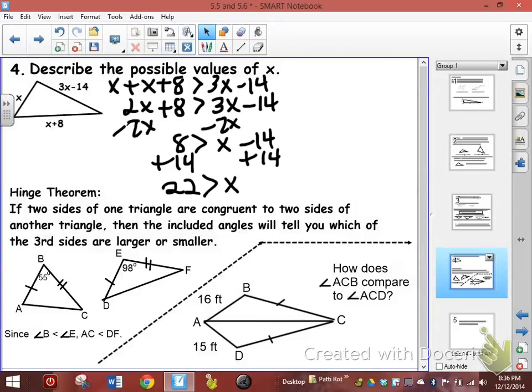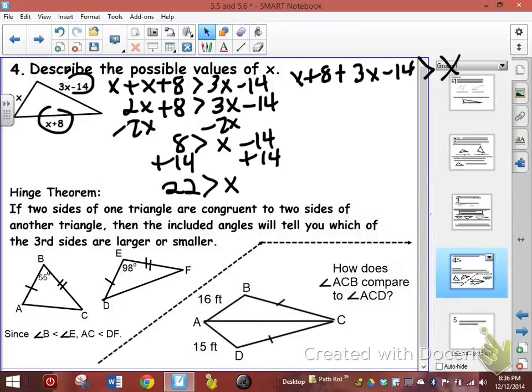So let's say this time I add this one, and it's got to be bigger than the third. So if I add the x plus 8 and the 3x minus 14, it's got to be greater than x.